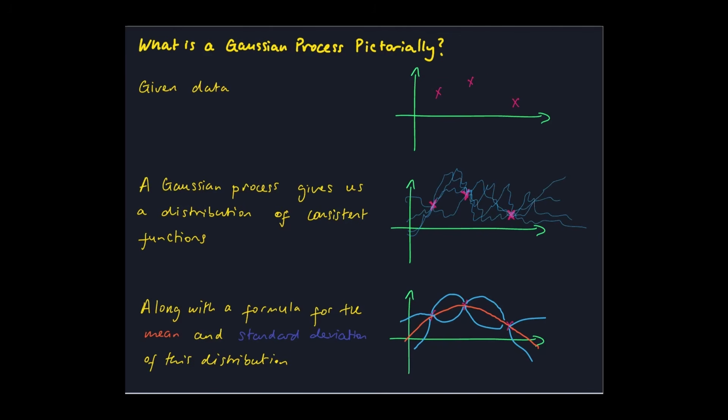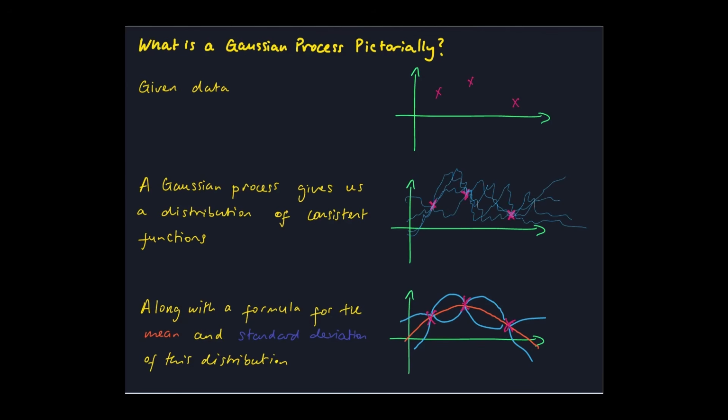The point of a Gaussian process is it gives you a formula, a simple thing that you can easily code up. It just involves some matrices and some linear algebra. But it gives you a formula both for the mean function and the standard deviation. In other words, given a set of data, you've got these inputs, you can pick a new point on the x-axis. You say, I really care about this point on the x-axis. There's a formula that tells you the value of the mean and what the standard deviation is at that point.